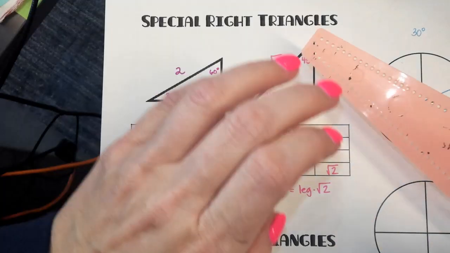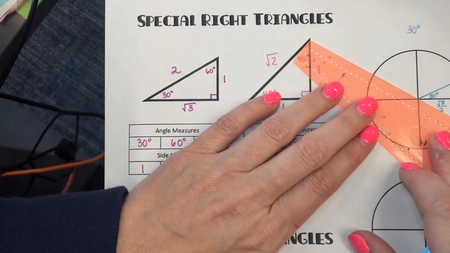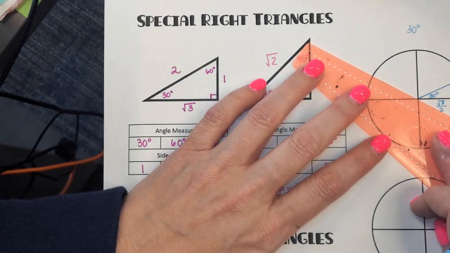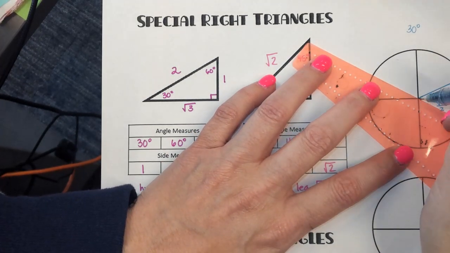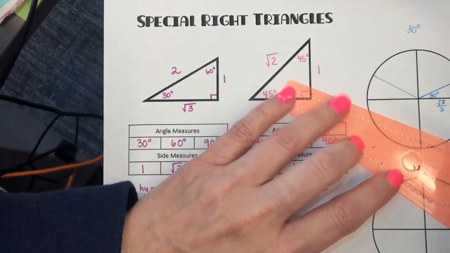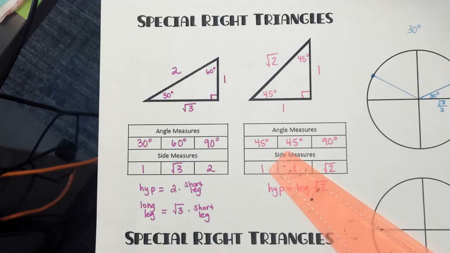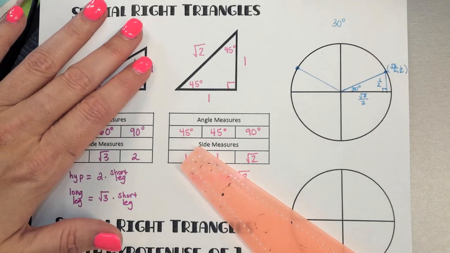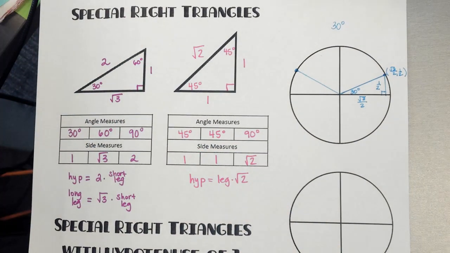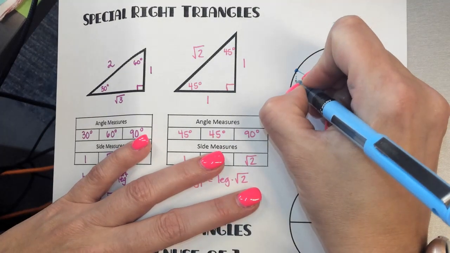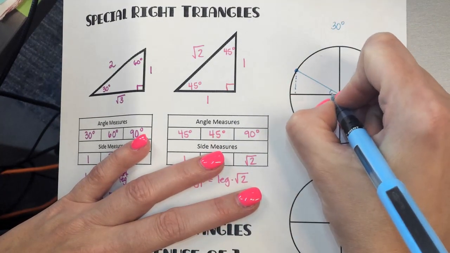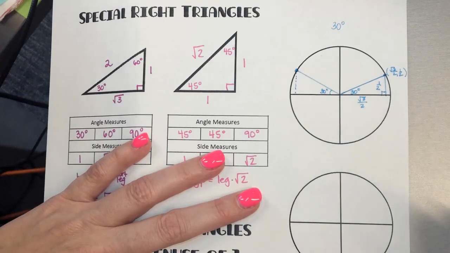The cool thing about the unit circle is everything is just a reflection. So as long as you know the first quadrant, you can go ahead and fill in the other quadrants based on what we know about their signs, right? Yep, so that's your root 3 over 2. So here would be another 30-degree angle.